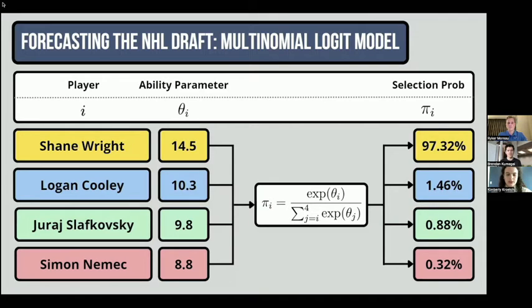To consider the probability of the entire draft result, we use a series of conditional multinomial Logit models, where on each pick, we condition on every already drafted player being removed from the pool of prospects. So let's assume that Shane Wright was chosen first.